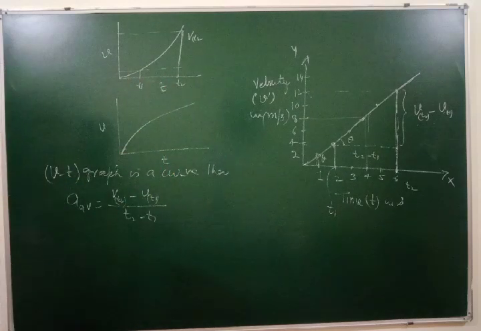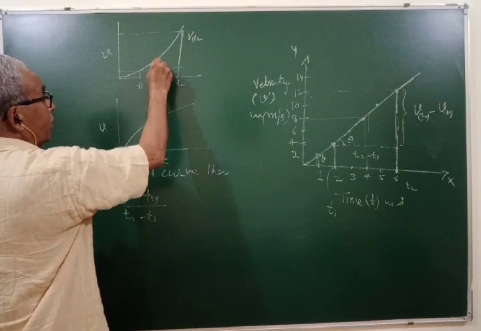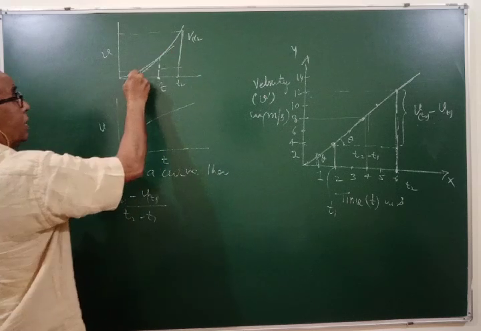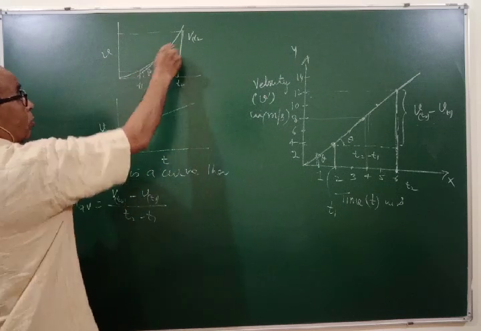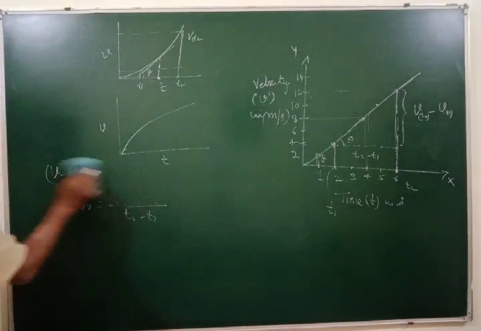But to find instantaneous acceleration, suppose at this time t here, you have to draw a tangent here, and take the slope of the tangent to the Vt graph. This is very important to know.